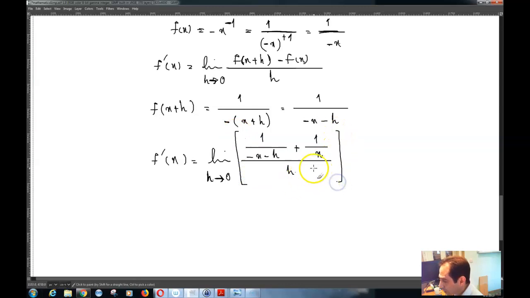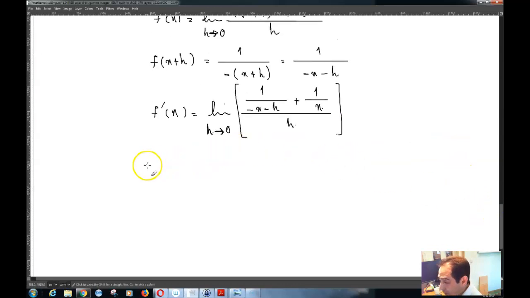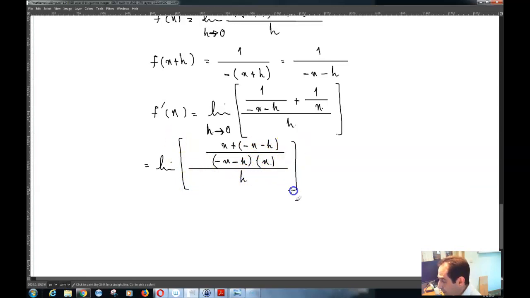Now if you simplify this, what you will get is the limit of, negative x negative h times x, and then if you multiply these, you will get x plus negative x negative h over h as h tends to 0.